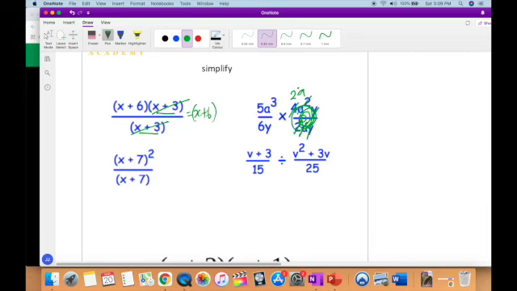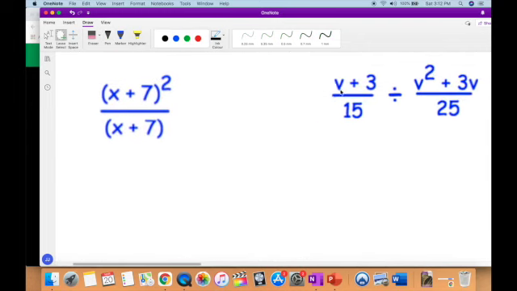Oh, well, I guess this 2 could cancel with this 6, and that'll give me 3. Right? So now I'll have 5a cubed all over 3y being multiplied by a. And so the answer is 5a to the 4th all over 3y.